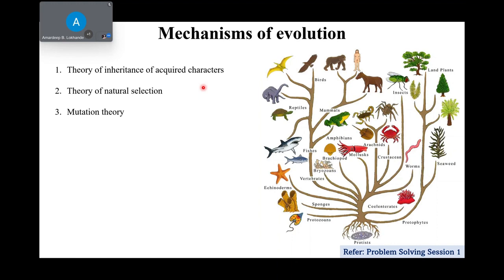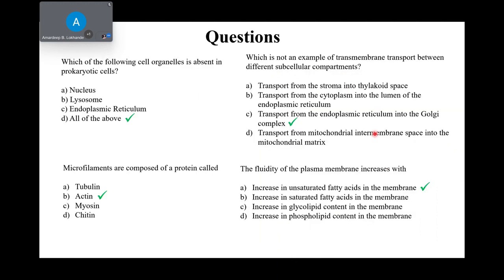So can you see the difference between these three and the last one? All these are different spaces within the organelle. That's why they are subcellular compartments. But here, these are two organelles and the movement is across these organelles, not within them. As in here, from the intermembrane space, nutrients or ions are transported into the matrix.